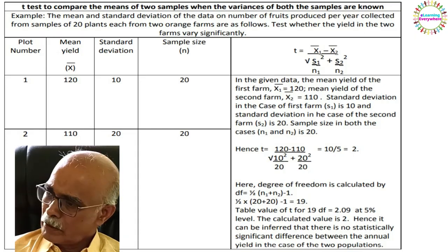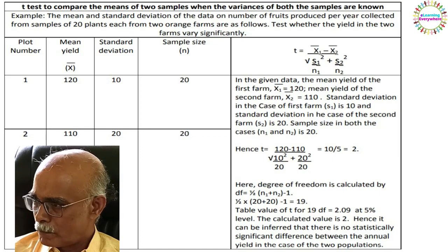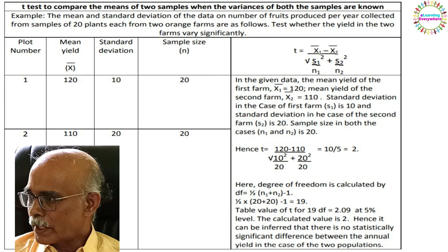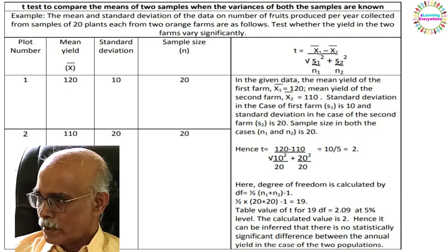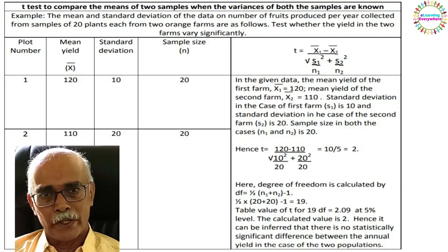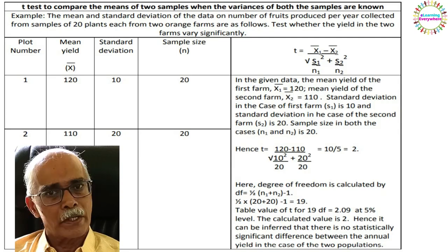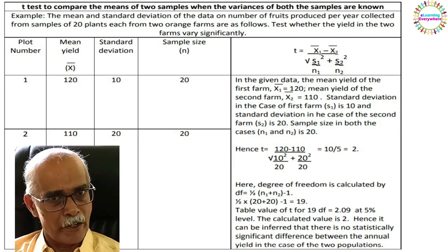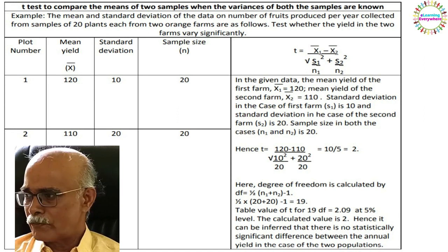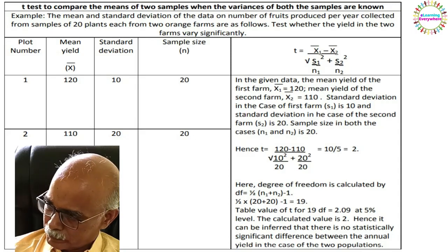X1 bar is the mean of the first sample, the first plot. X2 bar is the mean of the second plot. S1 is the standard deviation of the first plot, and S2 is the standard deviation of the second plot. N1 is the number of plants in the first plot, and N2 is the number of plants in the second plot.